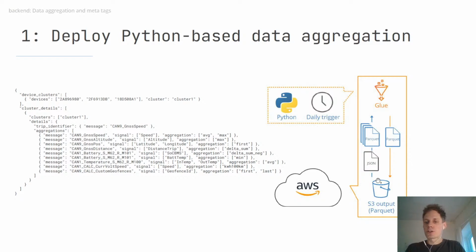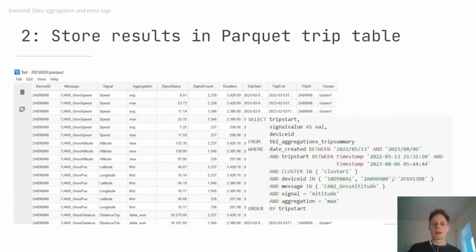This JSON file is put into your output bucket, and then this small Python script that runs on a daily basis in something called Glue will pull this file, pull the Parquet data from your data lake, and it will process and extract this information that is specified in the JSON file and put the summarized values into the data lake. And it will do so in the form of, again, Parquet files.